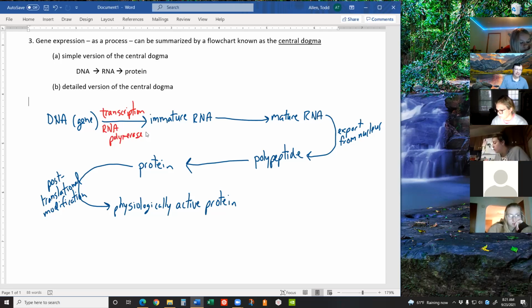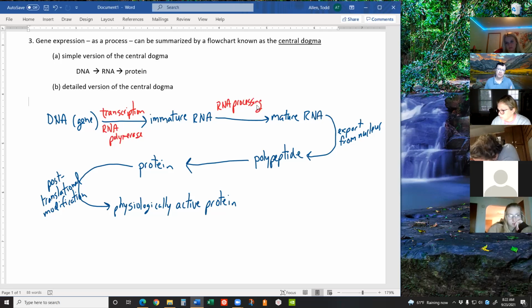Next, that immature RNA has to go through a process known as RNA processing, or simply processing for short. Your textbook does not have a separate figure for RNA processing.